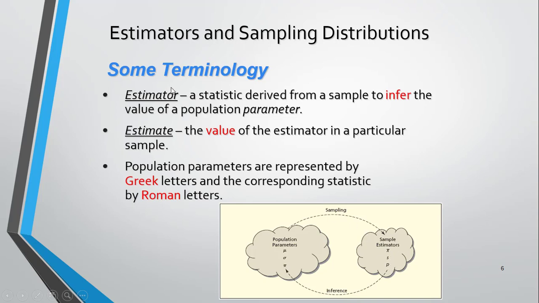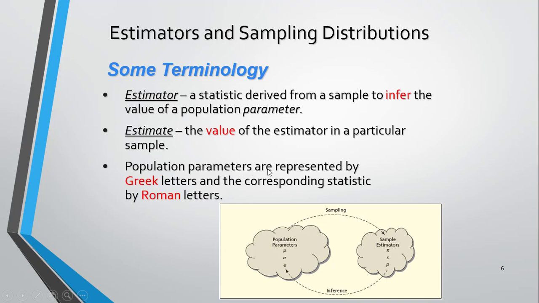An estimator is a statistic derived from a sample to infer the value of a population parameter. An estimate is the value of the estimator in a particular sample.